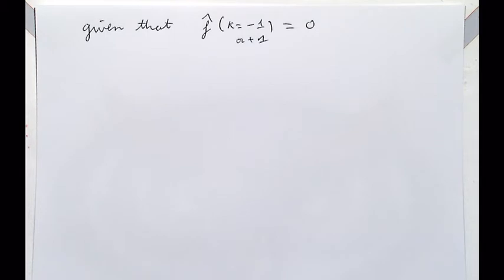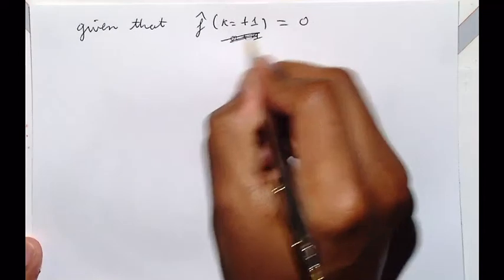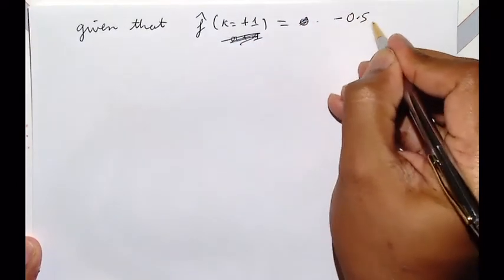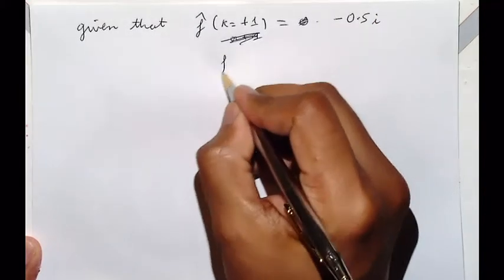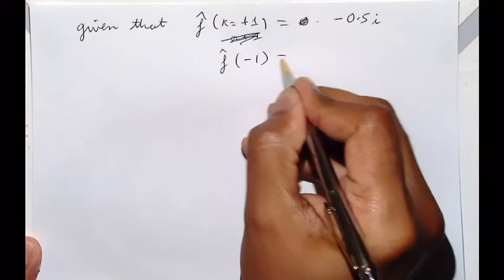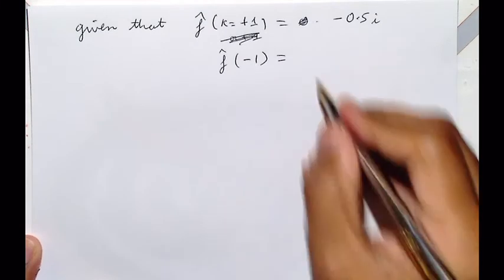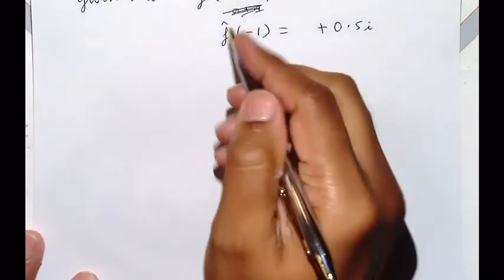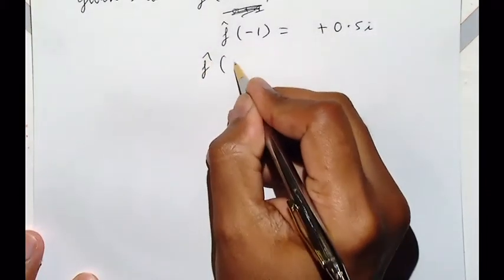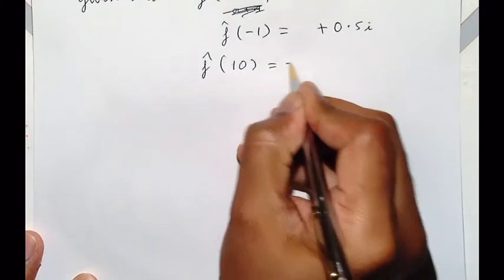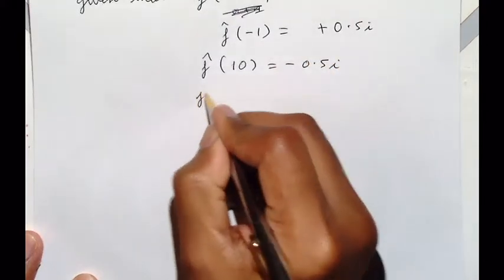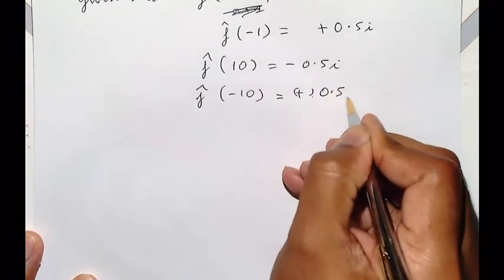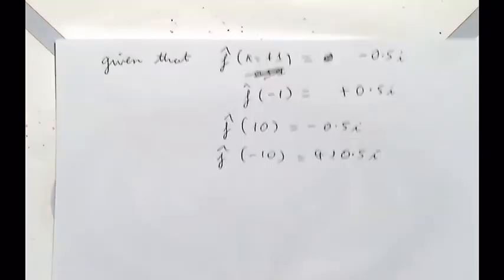Okay, f hat for kappa equal 1 is minus 0.5 i, and f hat of minus 1 is plus 0.5 i. And f hat of 10 is also minus 0.5 i, and of minus 10 is plus 0.5 i.